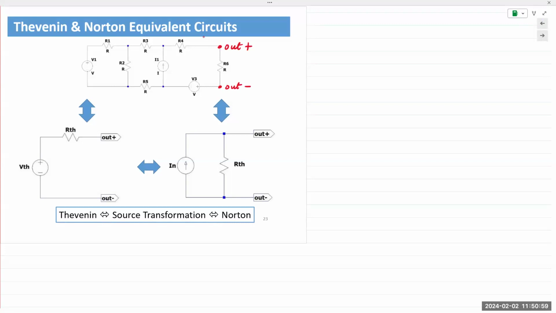It could be A and B. It could be X and Y. It could be Batman and Robin. Doesn't really matter. R6 is connected here, but it's not part of the analysis, obviously. After we are done with the representation, we plug R6 back in.